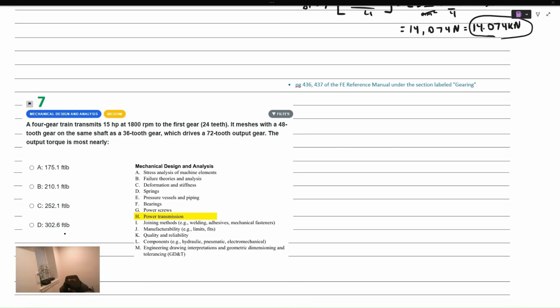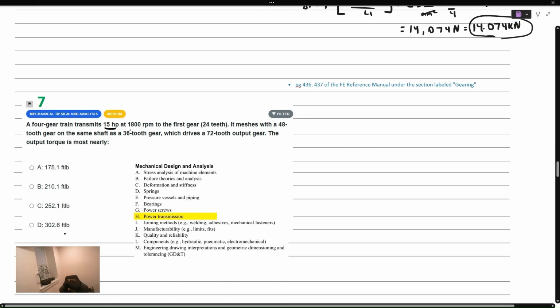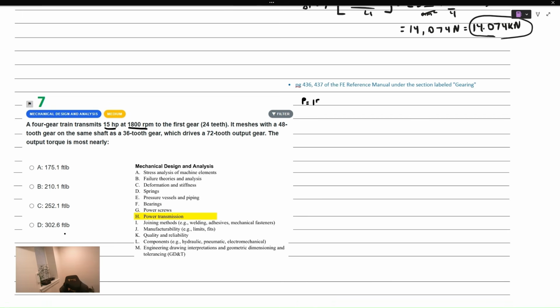A gear train made up of 4 gears is made to transmit 15 horsepower at 1800 RPM. So the power that this gear train has to transmit is 15 horsepower, and the angular speed of the first gear is 1800 RPM.